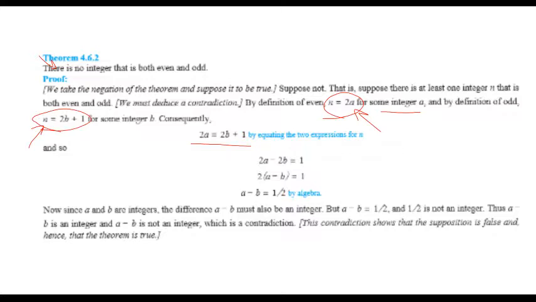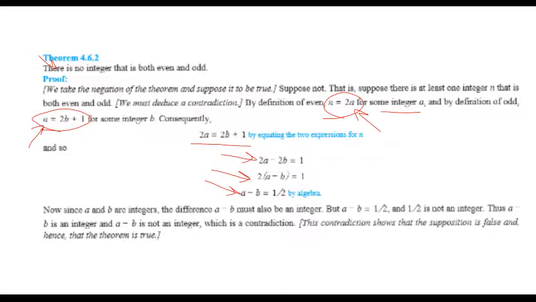And if you do some basic algebra, you see that 2a minus 2b is equal to 1, and then by factoring out 2, you have 2 times (a minus b) is 1, and so finally you find a minus b equal to 1 over 2, right?